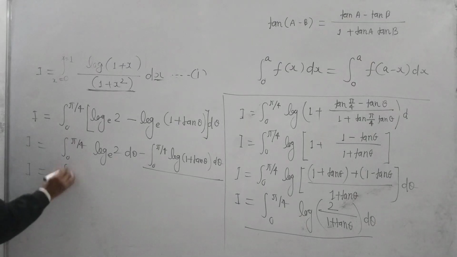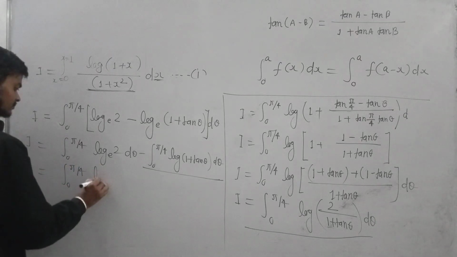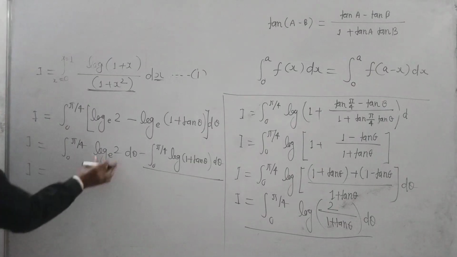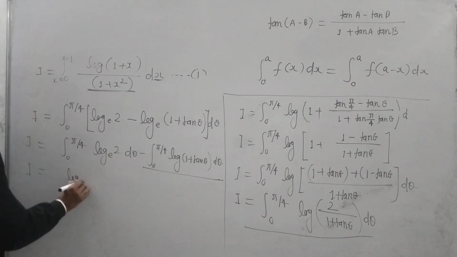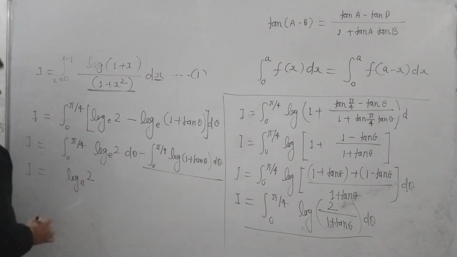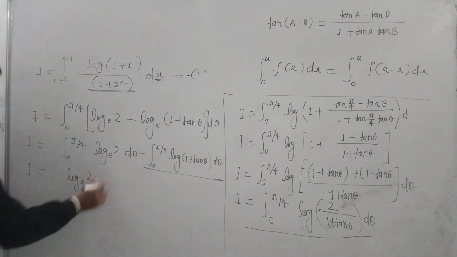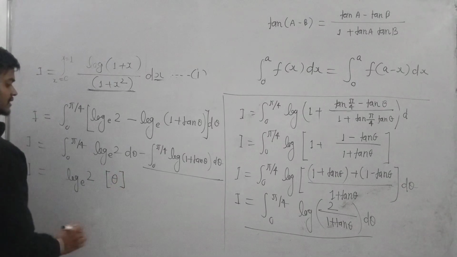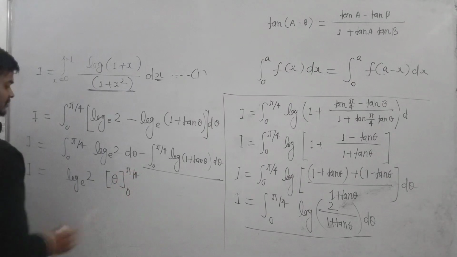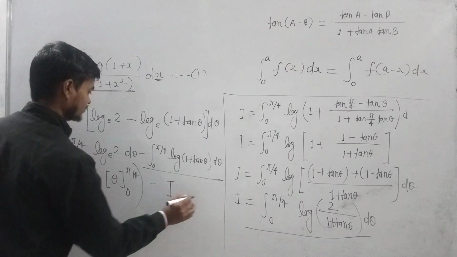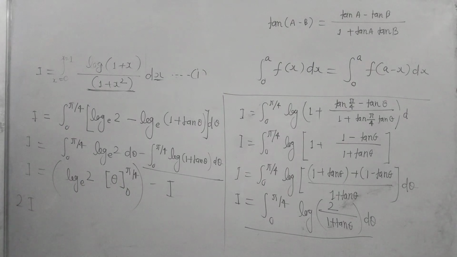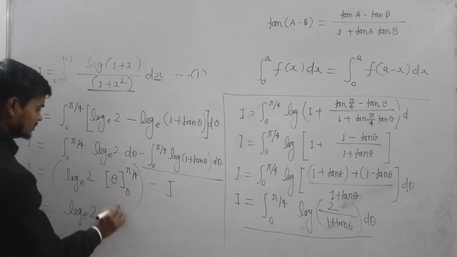This implies that I equal to 0 to pi by 4 log 2, this is a constant, so log 2 into integral of 1 d theta, the value of integral 1 d theta is theta from 0 to pi by 4, minus I. So 2I, on transposing I from the right side to the left side, equals log 2 into pi by 4.